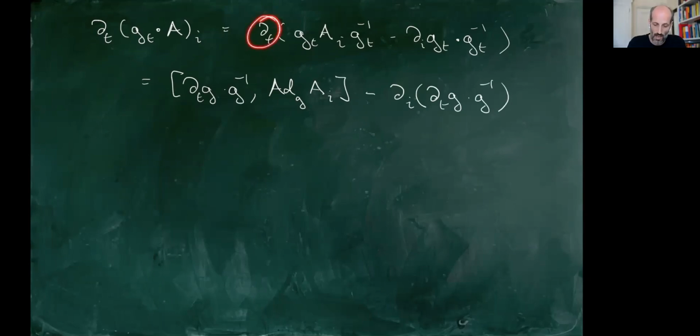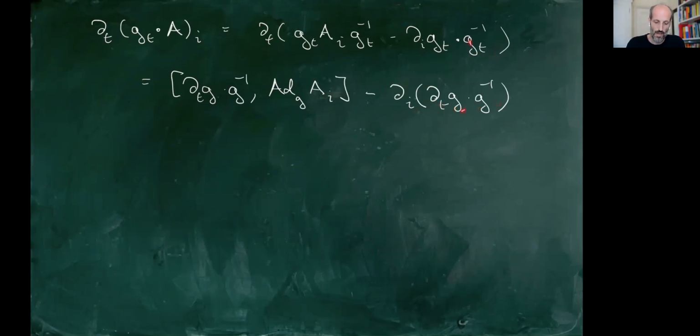So when the t hits the first factor, then that's the same as when this derivative hits the first factor here, right? Because the partial derivatives commute. But then, of course, when that derivative hits the second factor, I get something like a space derivative of g times g inverse times time derivative times g inverse. Whereas here, I get something like time derivative g times g inverse times space derivative g times g inverse.